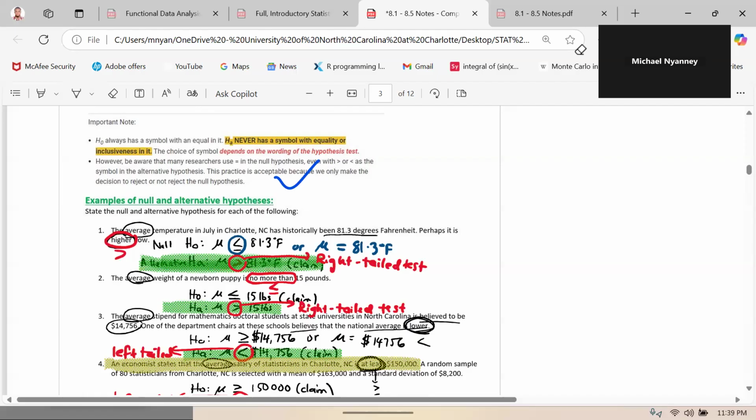The average temperature in July in Charlotte, NC has historically been 81.3 degrees Fahrenheit. Perhaps it is higher now. Since it is higher now, higher means it's greater than. Right? So in writing the hypothesis, we know that higher is greater than, and the HA assumes the higher. So we write HA.